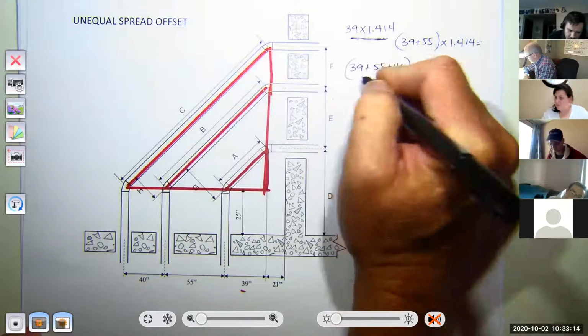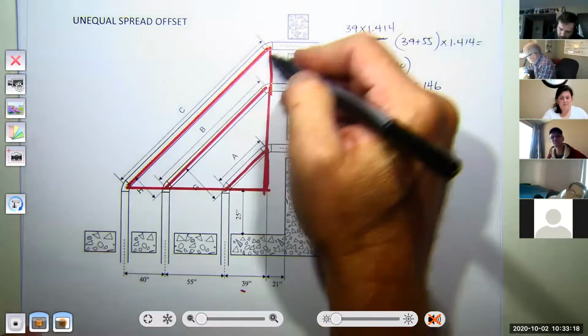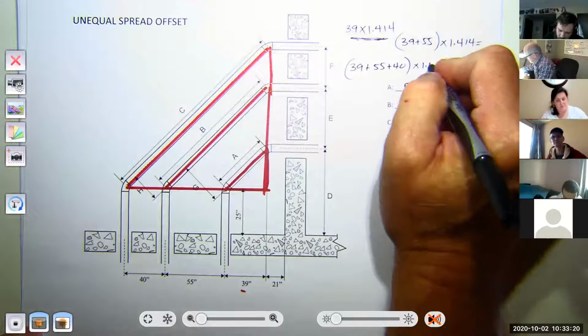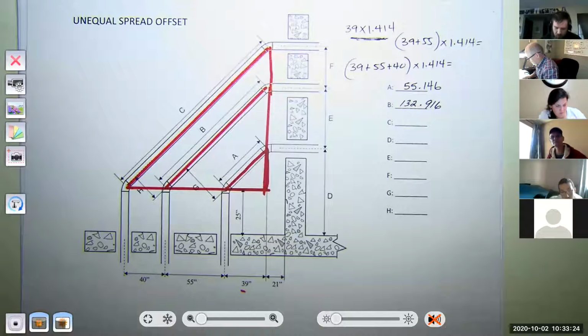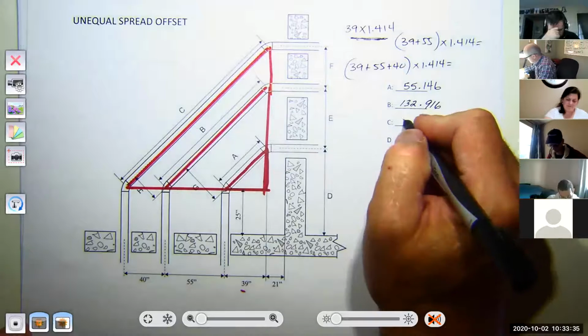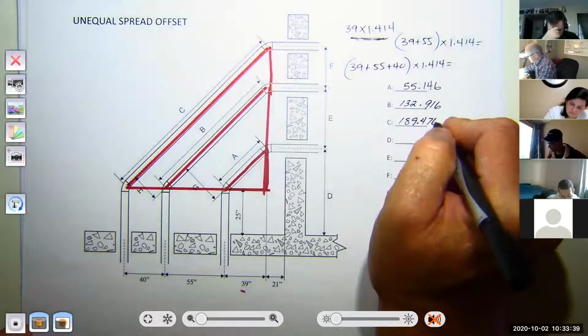That's our run. Times 1.414 will give me C. And C is equal to 189.476.